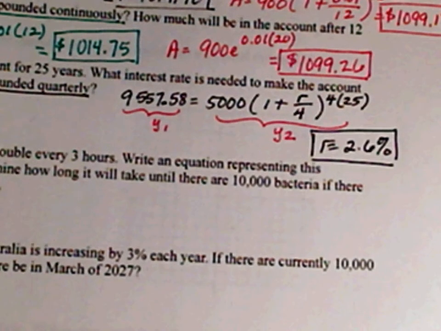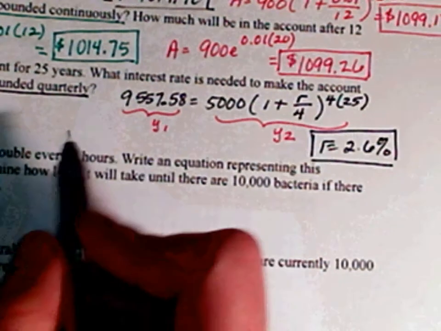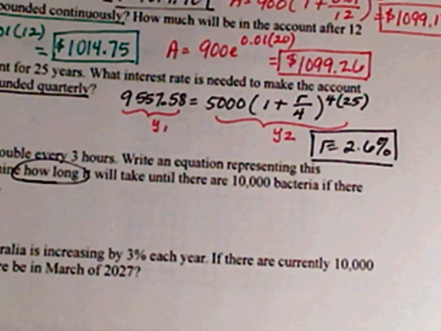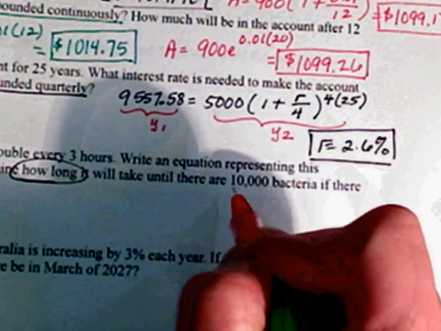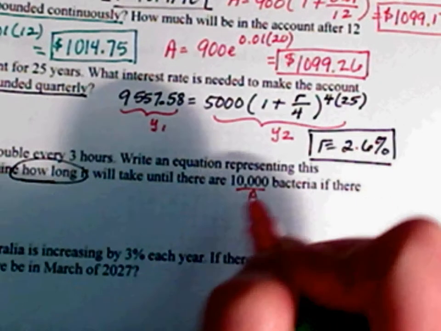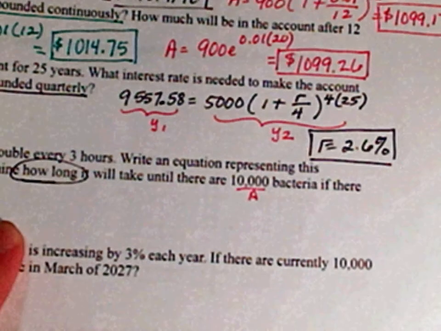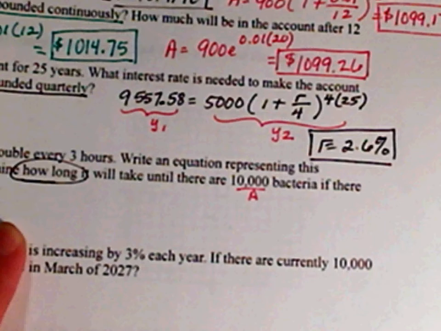All right, number 6. A certain type of bacteria can double every 3 hours. Write an equation representing this information and use it to determine how long. Read the question. What are we looking for? How long it would take until there are 10,000 bacteria if you started with 3. This is your final. This is your beginning. Okay? All right, here we go. Do you guys see the word compound anywhere at all there?